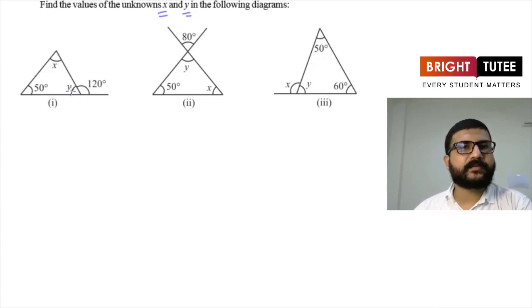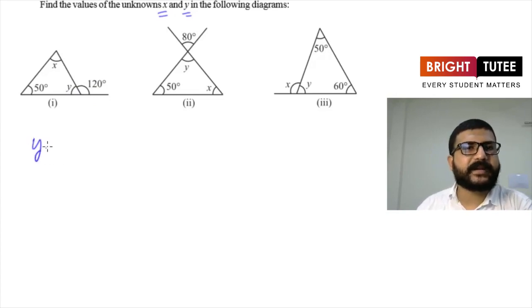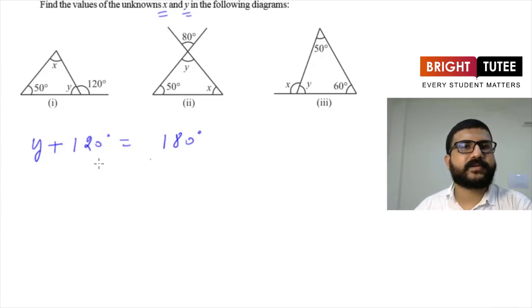First let's try to find the value of y. How can we do that? See here, this y and 120 degrees, what will be their sum? Their sum will be 180 degrees. So we will get y plus 120 degrees is equal to 180 degrees because they are forming a linear pair.